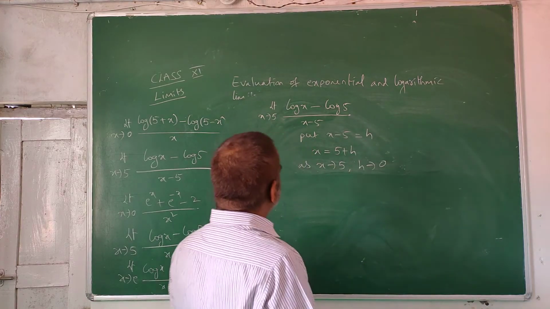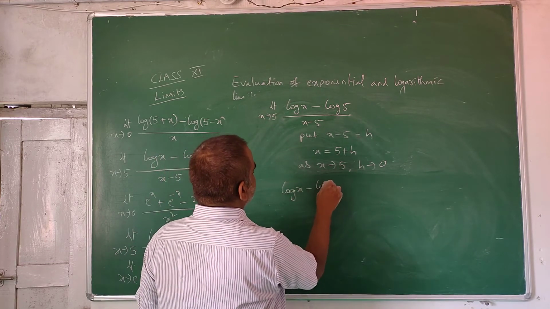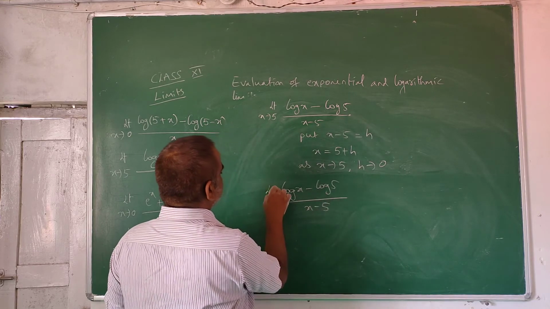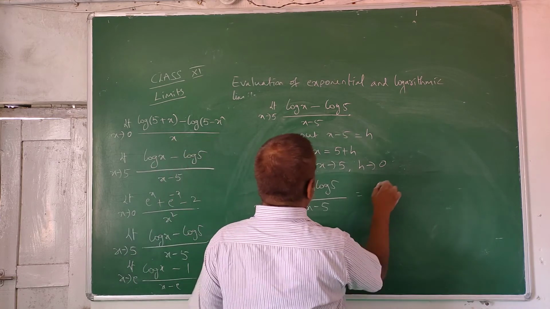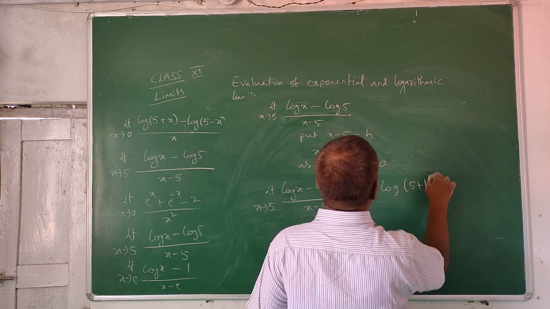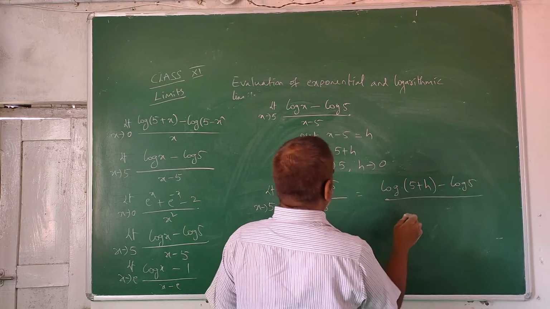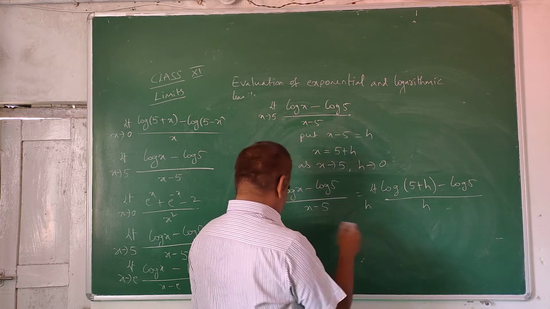Are you following? Then log x minus log 5 by x minus 5, limit x tends to 5, becomes log of 5 plus h minus log 5 by h, limit h tends to 0.